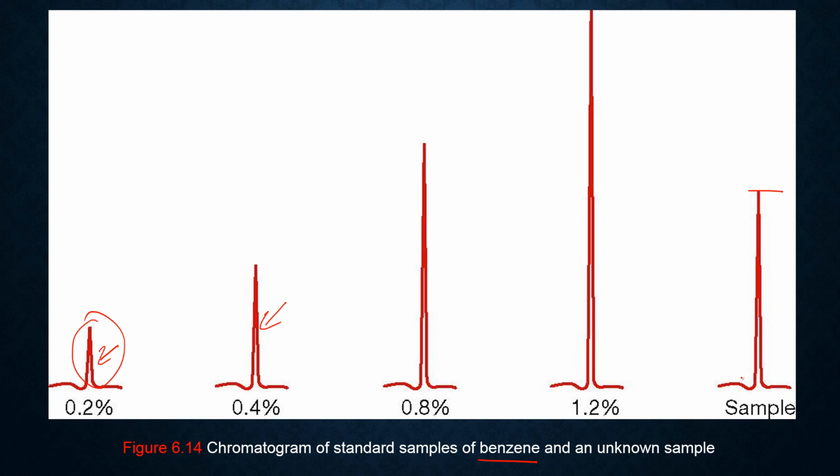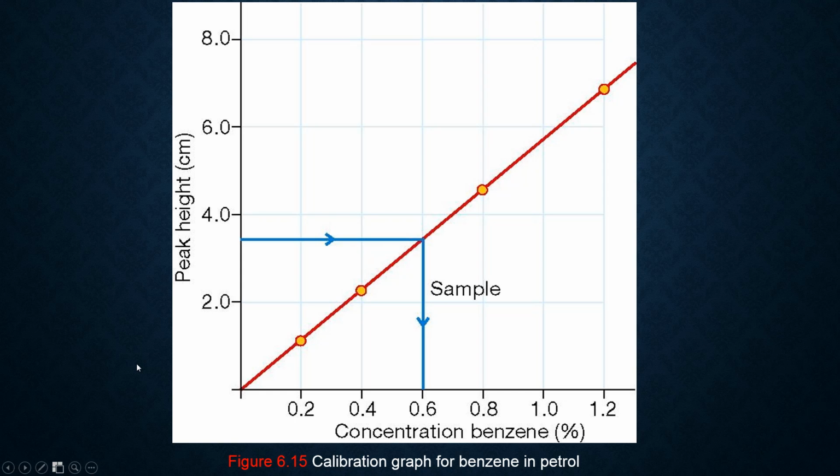because I know the peak height and the area underneath the peak of my components are proportional to the percentage, the concentration, of that particular component. So what I can do is make a graph like this. With my different standards, I can graph them against the actual peak height and or the peak area in some instances.